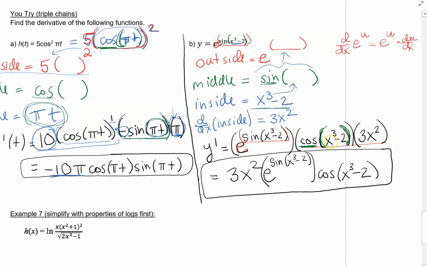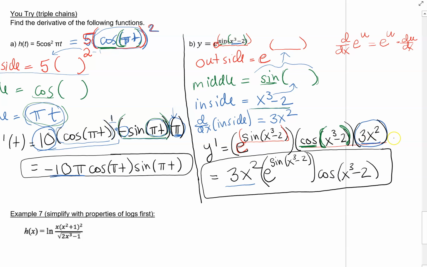I just left that inside of cosine. And then finally at the end, I multiplied by the derivative of x cubed minus 2, which was 3x squared. But it kind of looks weird to have the polynomial part at the end, so I just moved it to the front. Of course, it doesn't really matter. You're basically multiplying these three functions together, exponential times a trig times a quadratic.